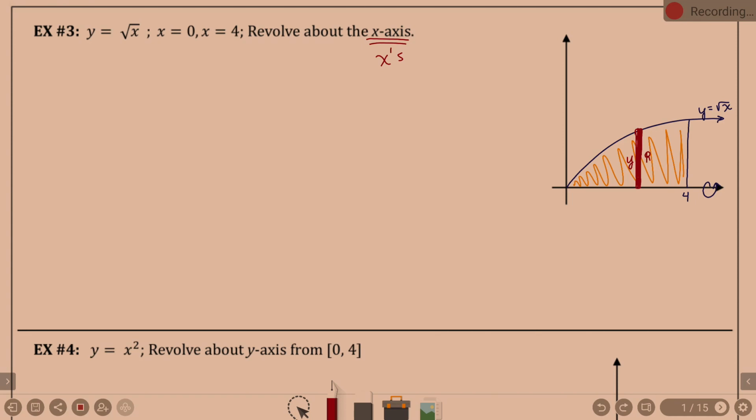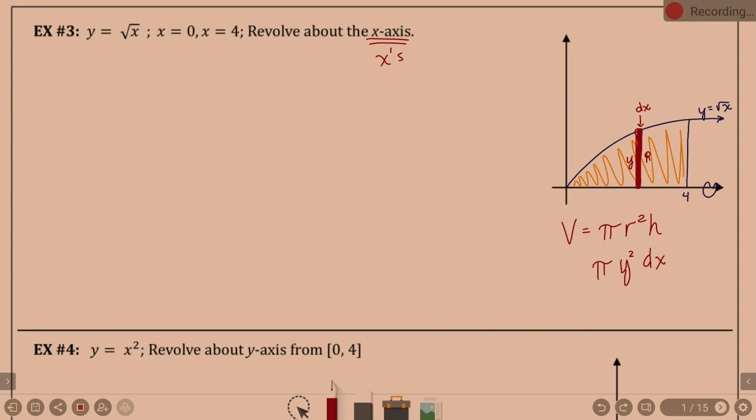With that in mind, if we talk about our volume here, volume of a cylinder is pi r squared h. We know we're going to use pi, right? R, well, what is R? We can talk about it being y, and then what do we use for h? dx, because that's the change in x, right?